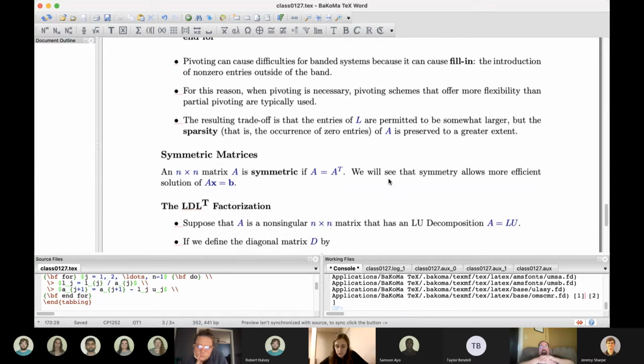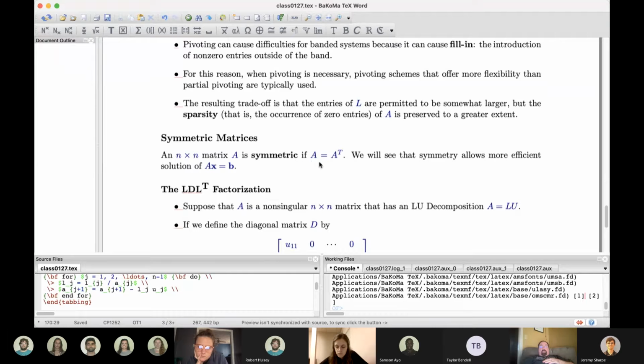All right, so now for the remainder of the time, I will talk about symmetric matrices, and more specifically, symmetric positive definite matrices. So when you have a symmetric matrix, that means that it's equal to its own transpose. So in other words, if you reverse the sense of rows and columns, the matrix does not change. Basically, the entries above the diagonal are mirror images of the entries below the diagonal.